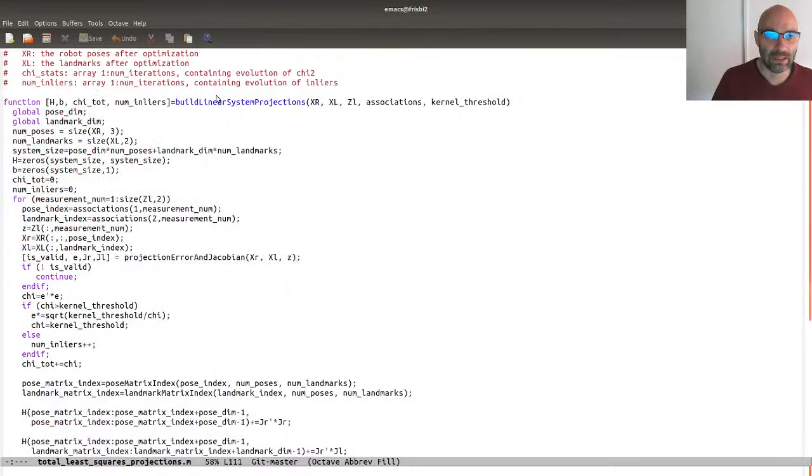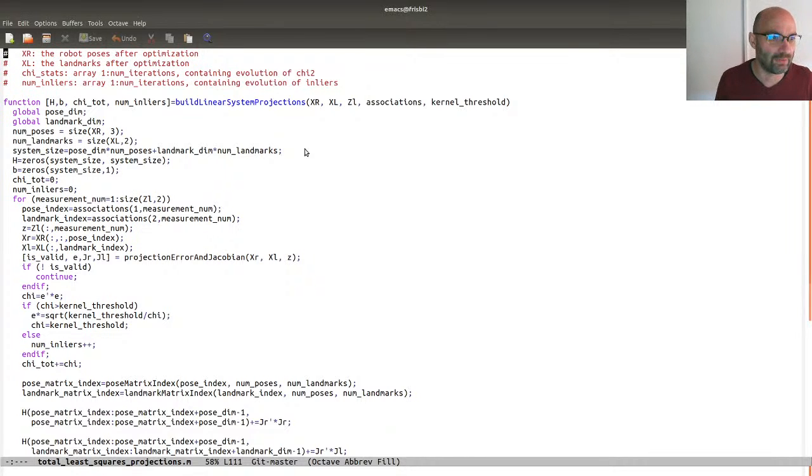The assembly of the linear system works exactly in the same way as in the case of the pose landmark problem. Curiously, also the size of the blocks of the H matrix are the same, because the size of the blocks involve only the state variables.